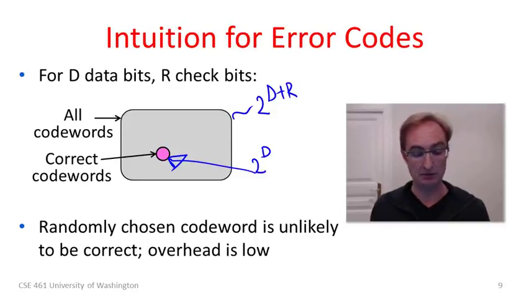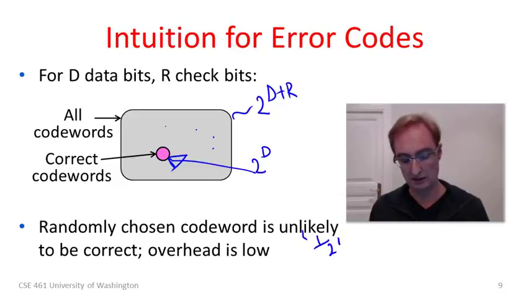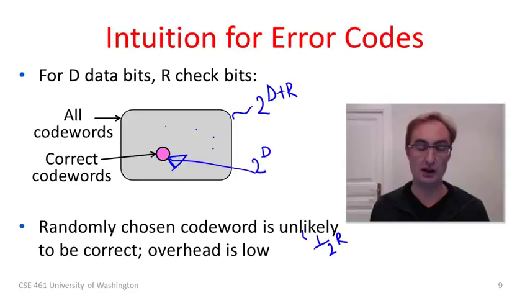Well, that means if I randomly pick a code word from anywhere in this space, it's quite unlikely to be correct. In fact, the chances of it being correct would be something like 1 over 2 to the R. That's what you get when you take 2 to the D and divide it by 2 to the D plus R. 1 over 2 to the R gets fairly small as R gets large.